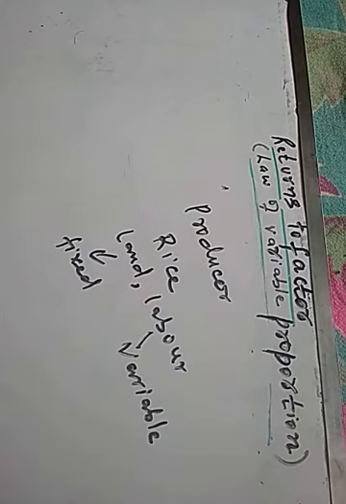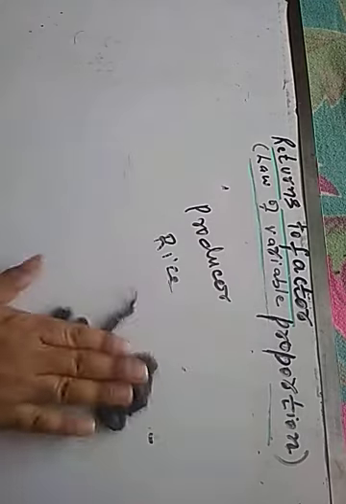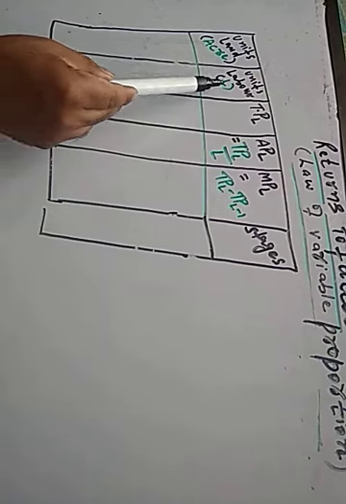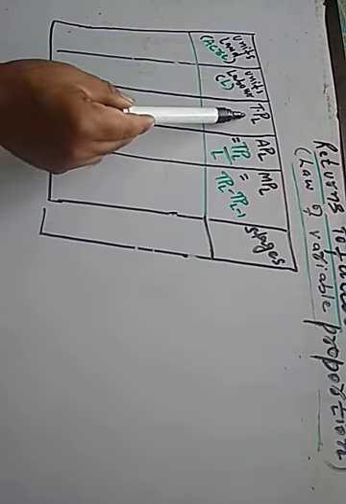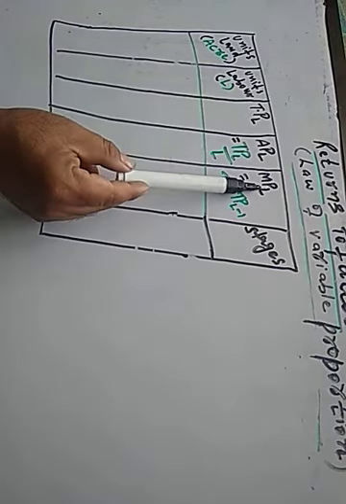Now we will show different values of average product, marginal product and total product of factor to make this law more clear. In this table we will show the units of fixed factor, units of variable factor, labor, total product of labor, average product of labor, marginal product of labor, and stages.